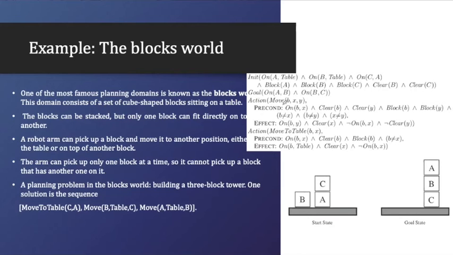Now, what is Move? Move says that if we have a block B that is already on X, then it will go to Y. To understand this, I'm writing here how it is defined.